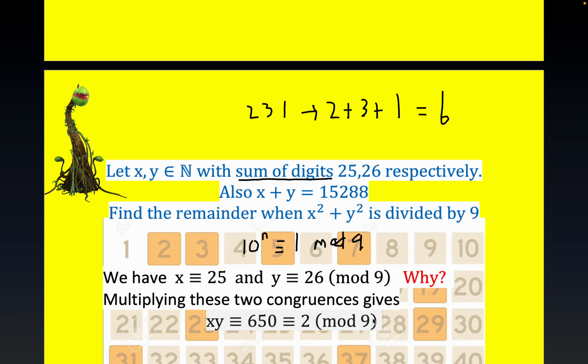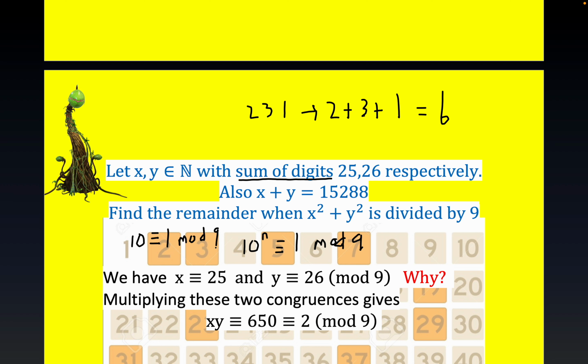This just comes quickly in a number theory course if you realize a simple truth, that plain old 10 is congruent to 1 mod 9, because 10 minus 1 is 9. 10 leaves a remainder of 1 when it's divided by 9.